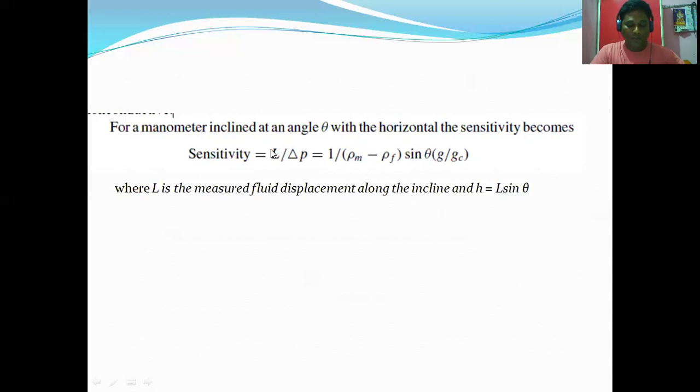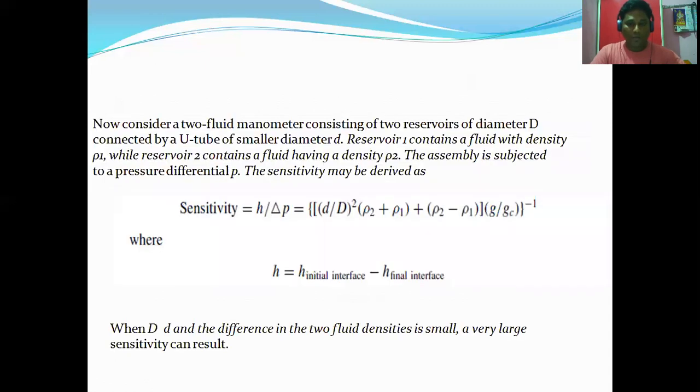Therefore, the sensitivity may be derived as H divided by delta P is equal to [(d divided by capital D) whole squared into (P2 plus P1) plus (P2 minus P1)] into G divided by GC, the whole inverse.